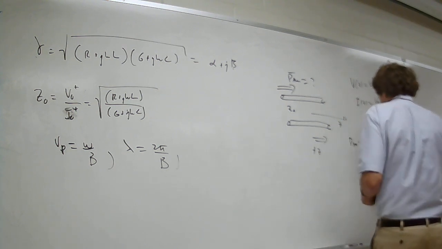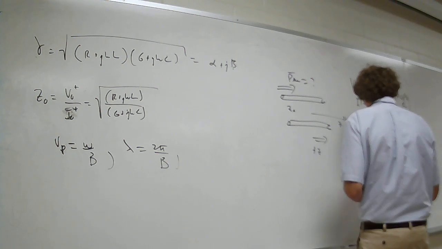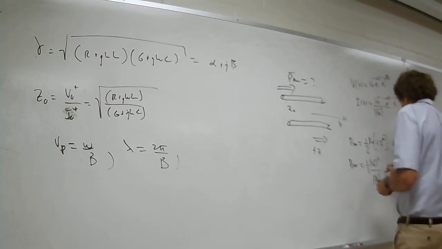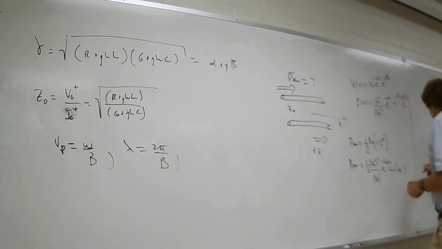But at the end of the day, the average power flowing down here is going to be one half magnitude of V naught plus squared over magnitude of Z naught, then e to the minus 2 alpha Z, and cosine of theta Z. And this will be in watts. That's the general form of the power flowing.